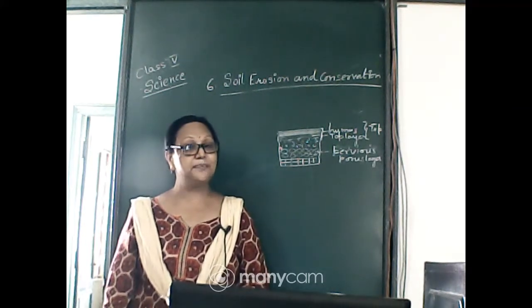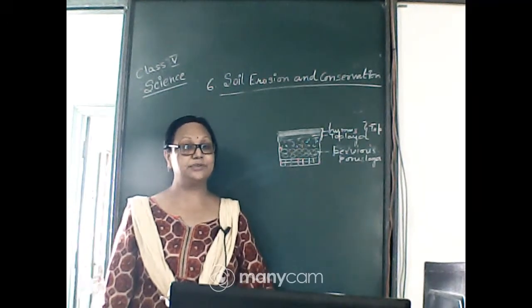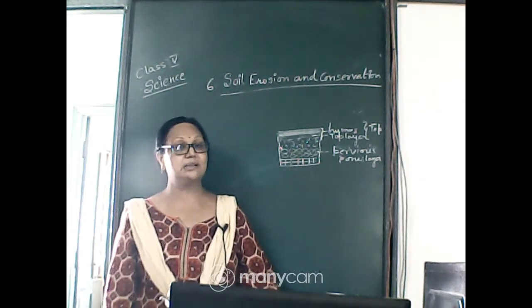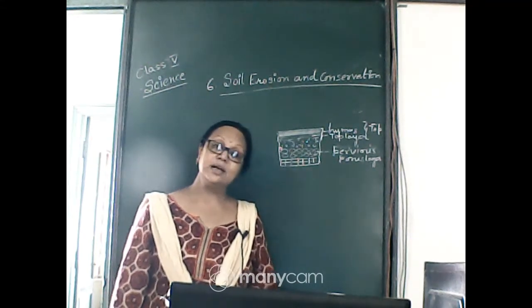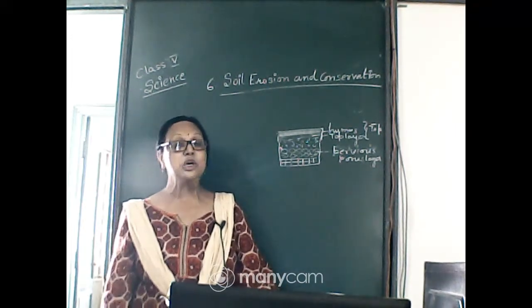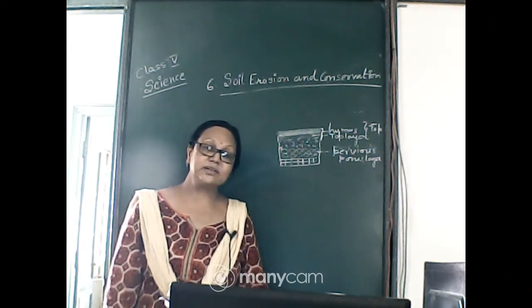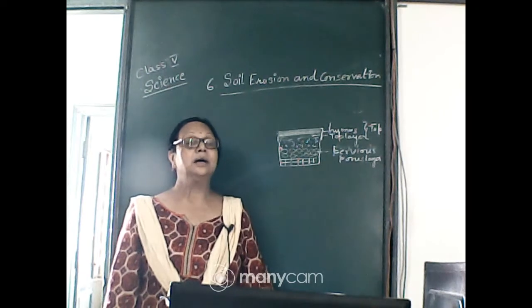So soil is very important, and we have to conserve it. The uppermost layer of the soil has the proper oxygen, so small insects and animals can respire even inside the soil. They have special systems to take oxygen from inside the soil. This is a very important part of our environment.